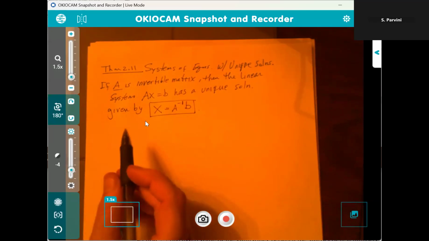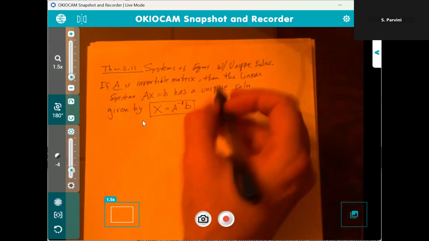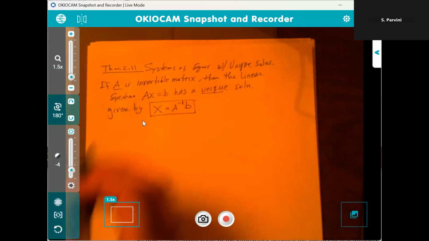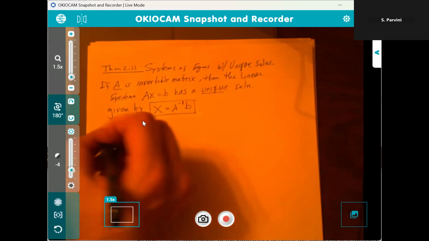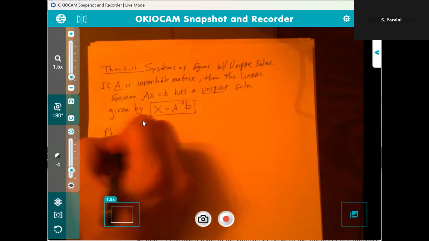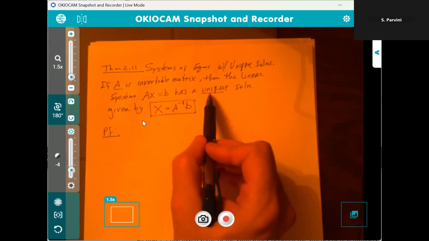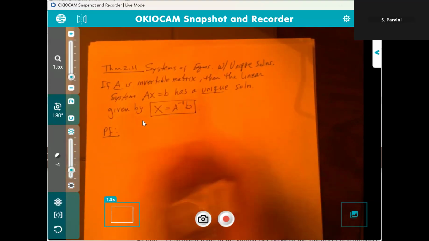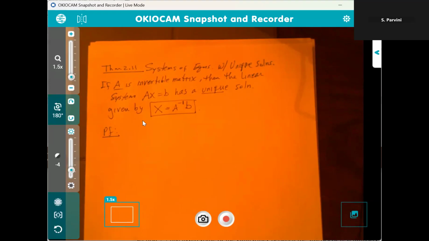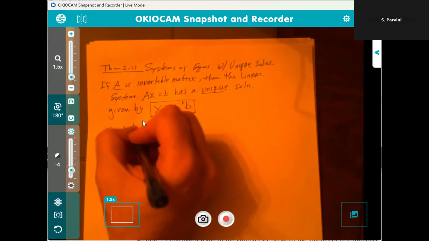Okay, so first of all, the uniqueness of the solution. Proof. I'm going to try to prove the uniqueness. Remember, anytime we want to prove uniqueness, we most likely use proof by contradiction, right? So here's how the contradiction is going to go.